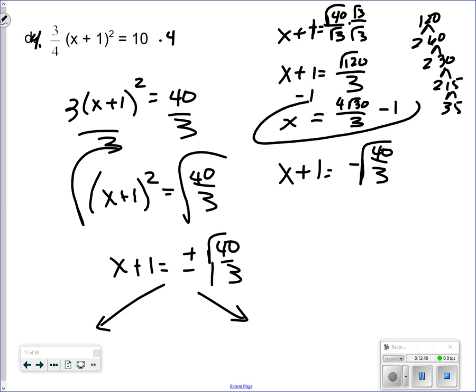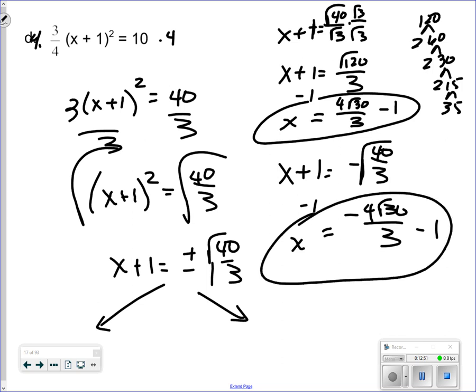So there's one answer. This is negative 4 square roots of 30 over 3. I'm going to subtract 1 and get the other one. So again, neither one of those questions was very friendly there. But anytime you have a parenthesis being squared, I still can take the square root of both sides to get rid of the parenthesis.